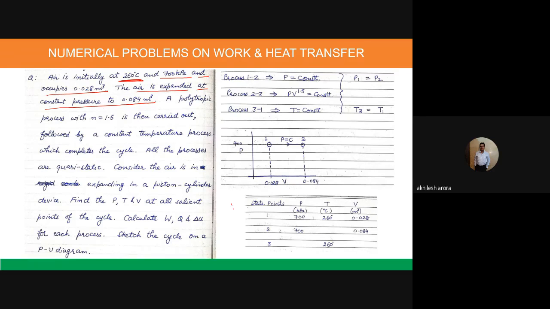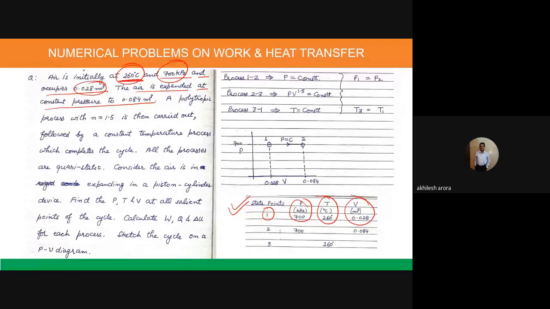I have written the state point 1. I am given the temperature 260, so I write it here. Pressure is 700 at state point 1, then the volume 0.028.